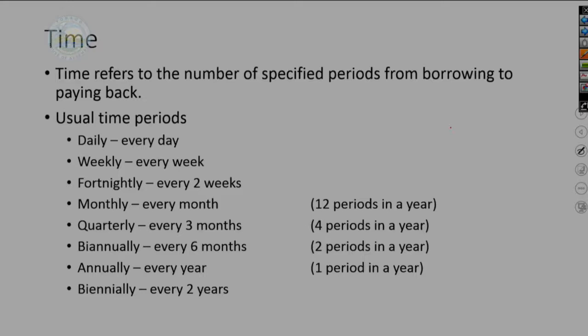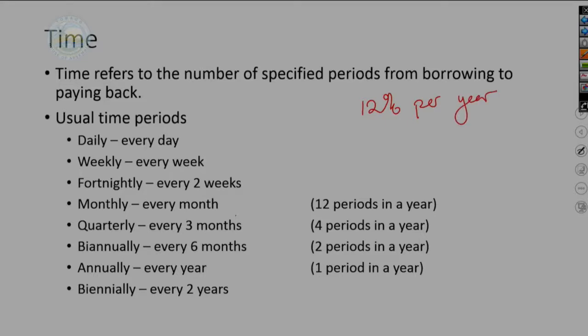So if we're talking about 4% per month, then we must be looking at a monthly time period. If we're talking about 12% per year, then we must be looking at a yearly time period. Now, when it comes to simple interest, it's kind of nice, right? Because if we're talking about, let's say, for example, 12% per year, right?